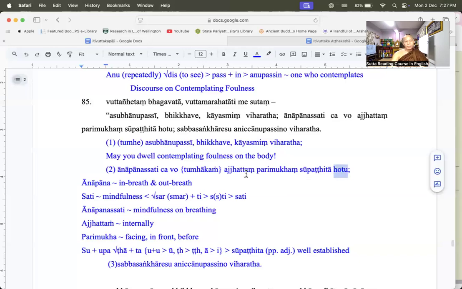Now the whole line can be understood here.